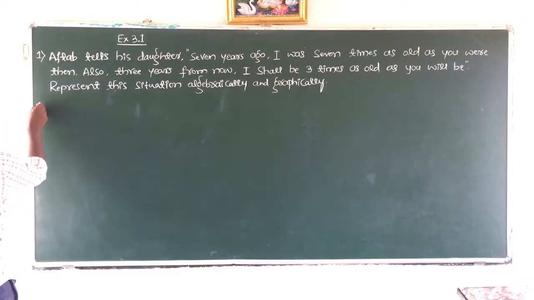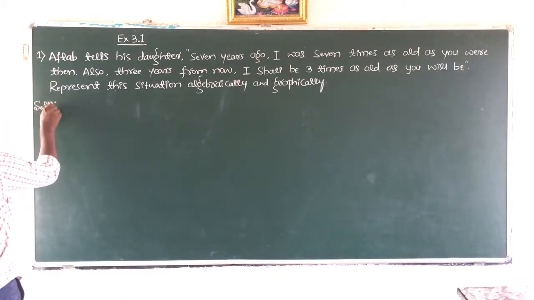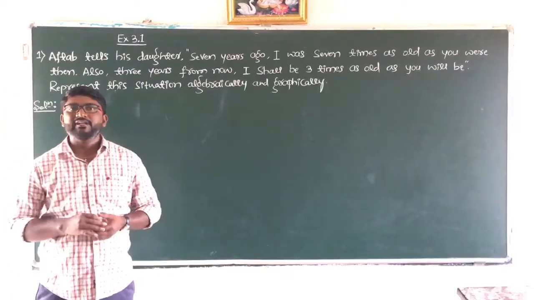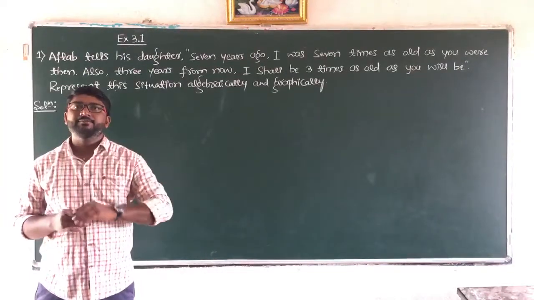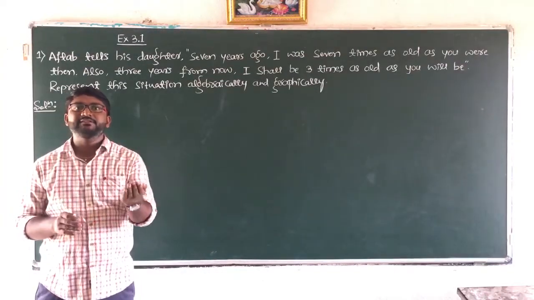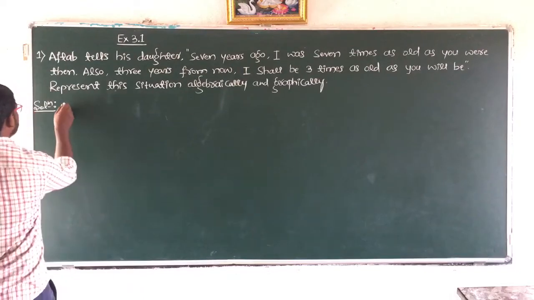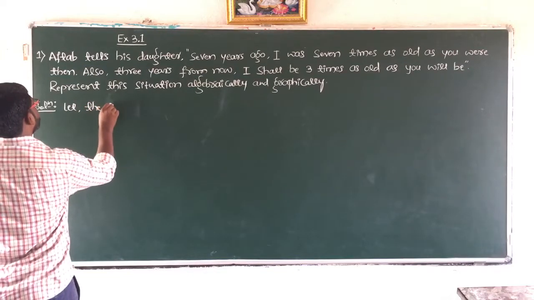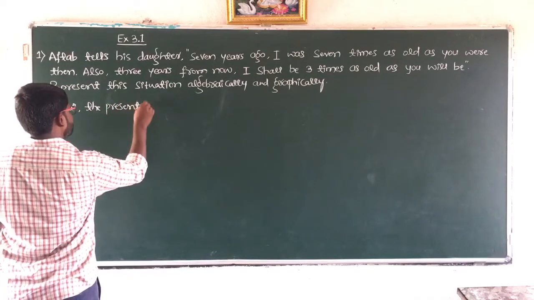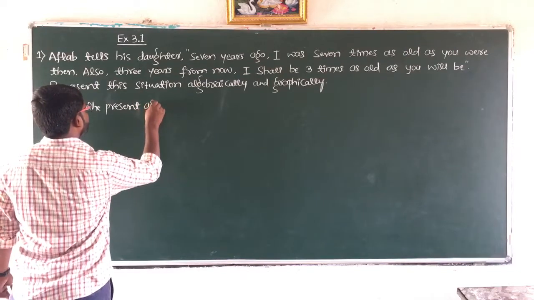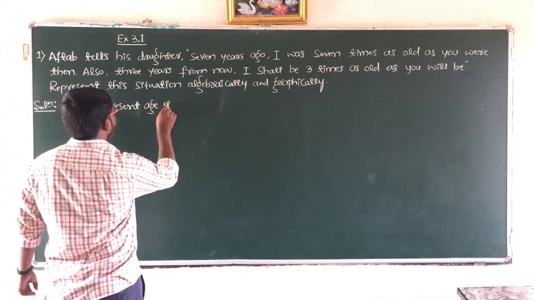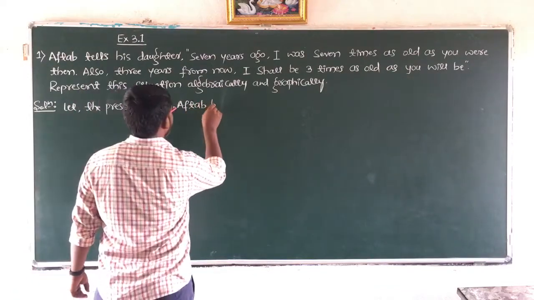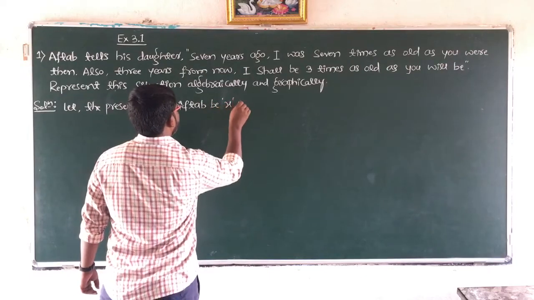So let us go for the solution. Here we don't know the present age of Aftab and his daughter. So I consider the present age of Aftab as X years and his daughter's age as Y years. Let the present age of Aftab be X years.